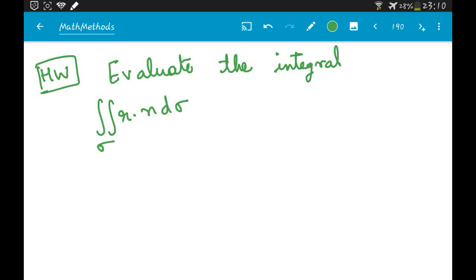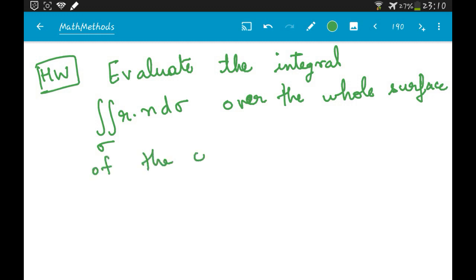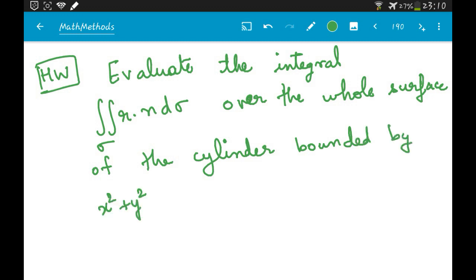So this is over sigma, over the whole surface of the cylinder bounded by x square plus y square equals 1, z equal to 0 and z equals 3.